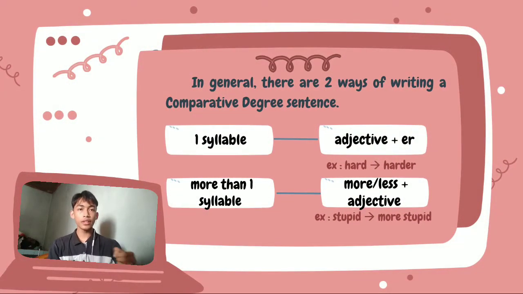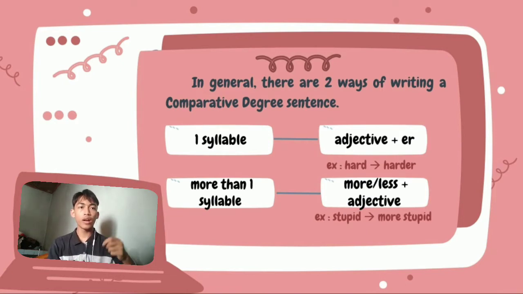So in general, there are two ways of writing a comparative degree sentence. The first one is add ER to the adjective.